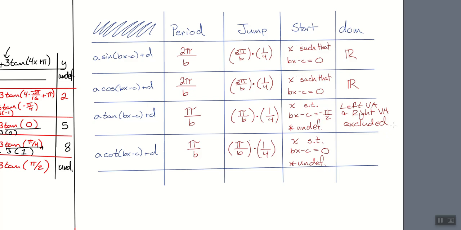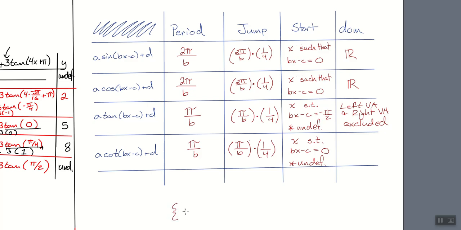Now, the reason I'm having issues with the clunkiness is because I'm trying to avoid making it the super ugly version. I know that it's going to be all x such that bx minus c is not equal to pi halves plus pi over b. That's awful.